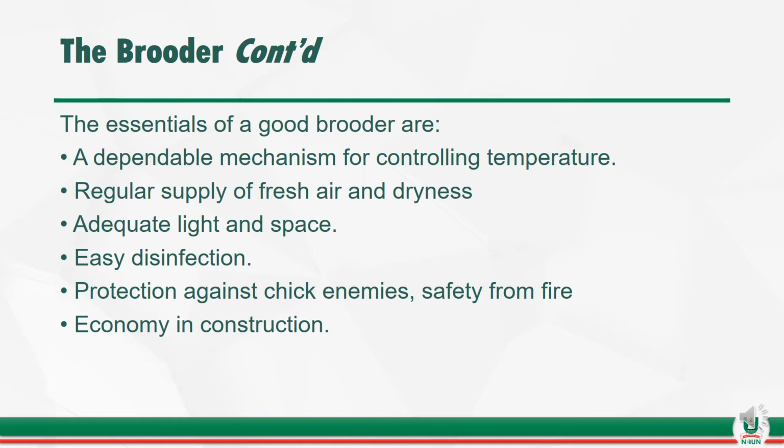You must be able to have easy means of disinfecting the brooder. Protection against chick enemy must also be ensured, especially safety from fire, as there's a fire unit within the brooder. Economy in the construction must also be taken into consideration.